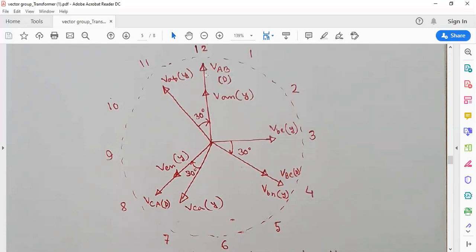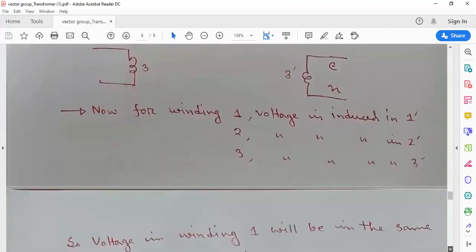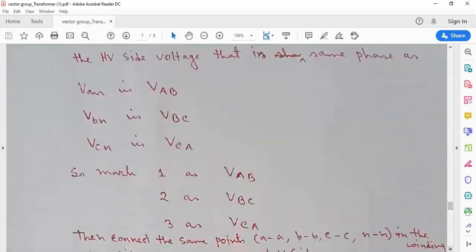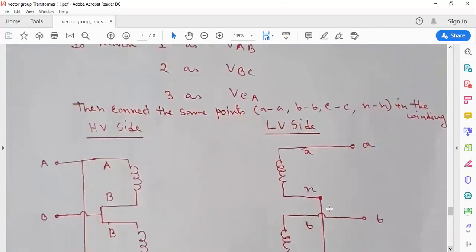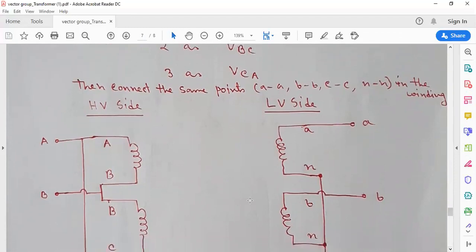They are each other's supply and induced voltage. So from this idea we can say that the voltage for which VAN is induced is VAB. Also VBN is induced, from the vector diagram, due to VBC.